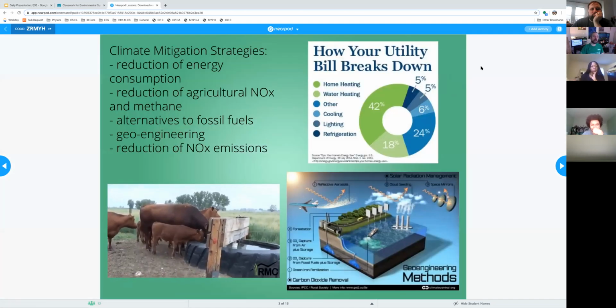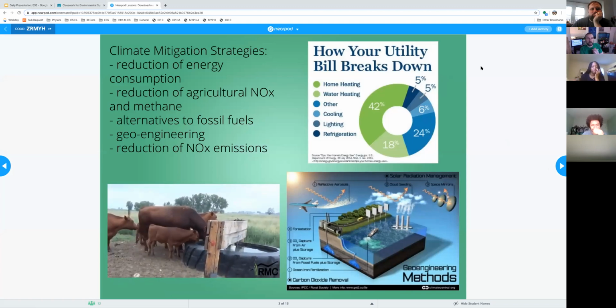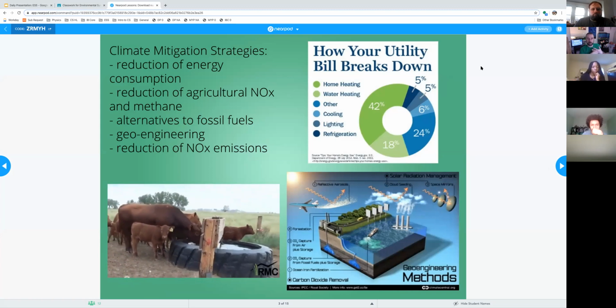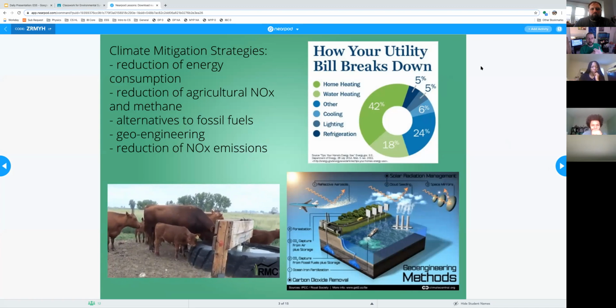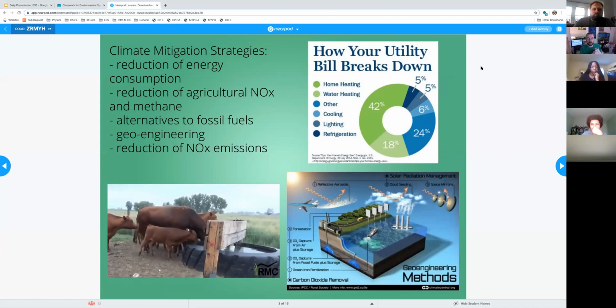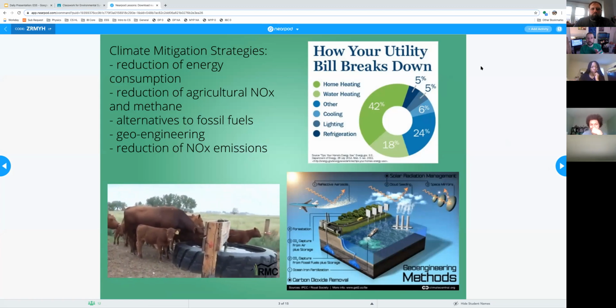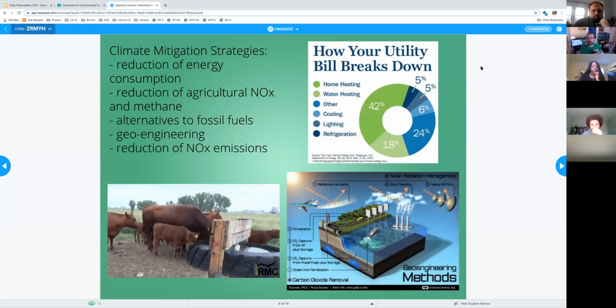So here are some strategies for actually doing climate mitigation. We can, of course, reduce energy consumption. A lot of different ways to reduce energy consumption are those ways that we've been talking about with the solar energy activity, using that home energy calculator to figure out how you're using electricity and other energy in your house.